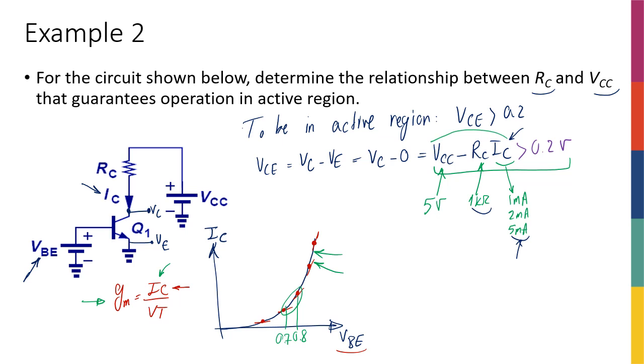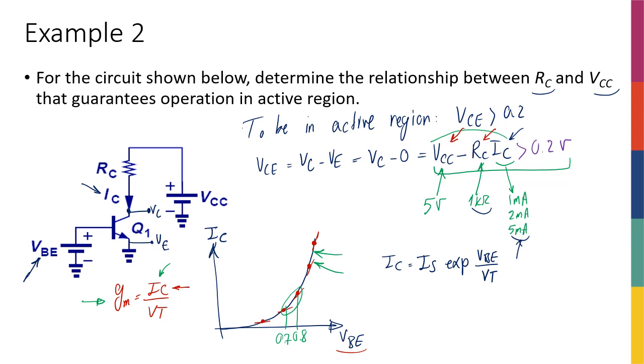Because I know that if I'm in the active region, IC is IS exponential of VBE over VT. So if I want to make sure that I don't go to saturation region, for a fixed RC and a fixed VCC, if I want to set IC, then I have to set VBE in a way that VCC minus RC IC is greater than 0.2 volts.